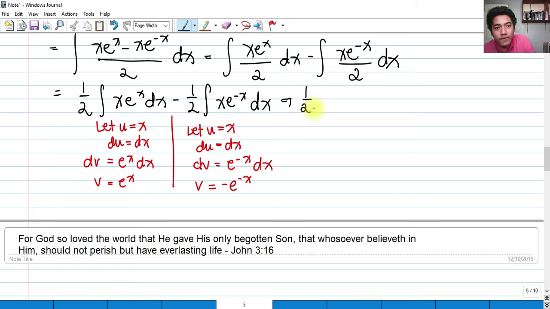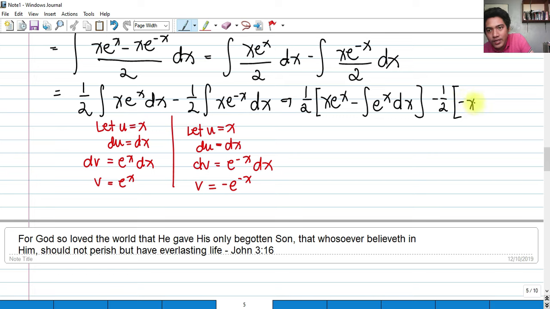So I have 1 half, uv for the first, I have u as x multiplied by v, e raised to x, minus the integral of v, e raised to x, my du is dx, minus 1 half, uv, x multiplied by negative e raised to negative x, because here is our u and our v is negative, so that we have this product, minus the integral of v du. Our v du is negative e raised to negative x, and my du is equal to dx simply.